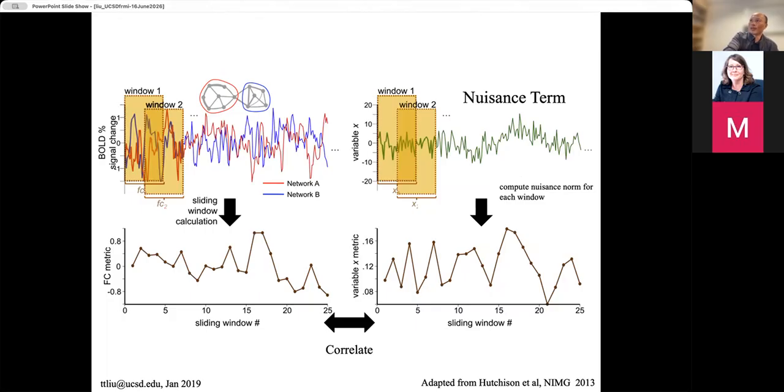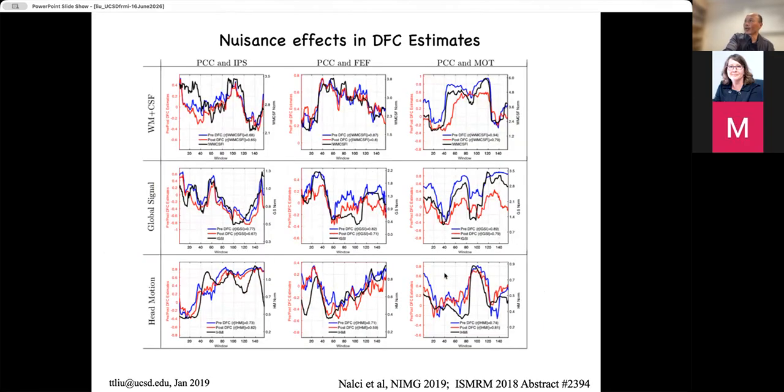For example, is anyone here doing dynamic functional connectivity? Okay, so this is basically doing functional connectivity over a sliding window and reporting how that connectivity changes over time. Here is the strength of the dynamic connectivity before regression, and post is the red after, and the global signal is what we're regressing out.